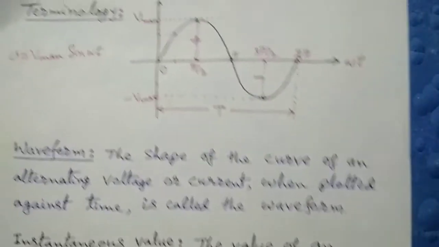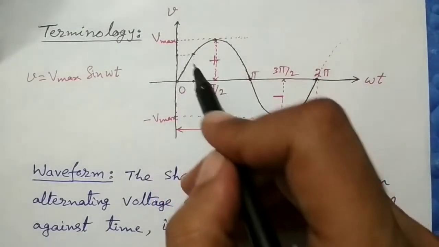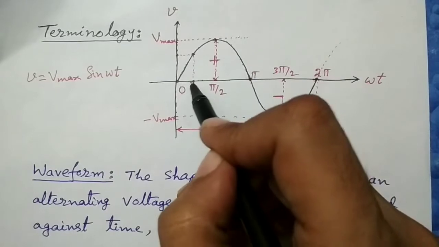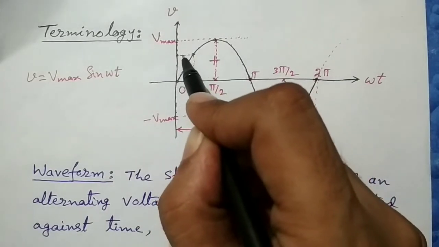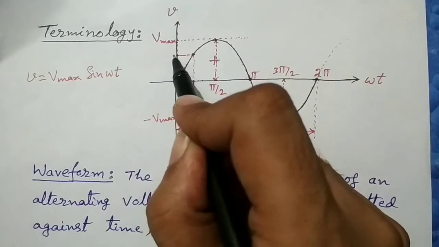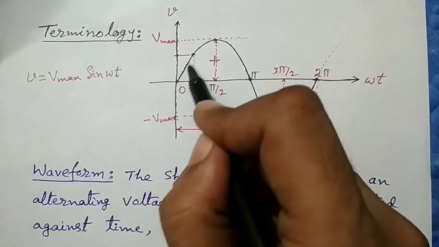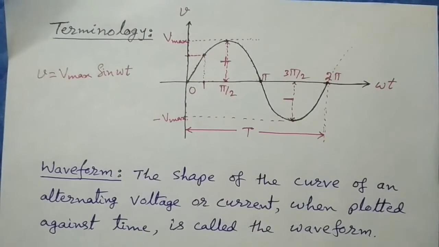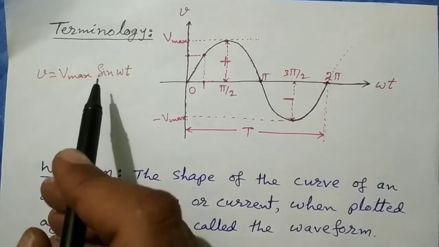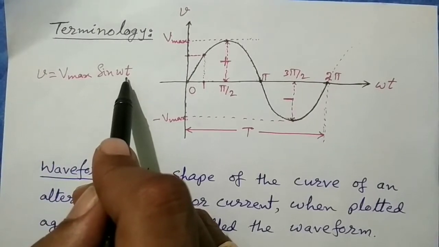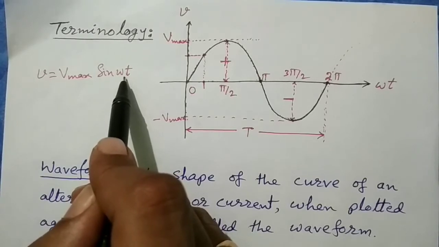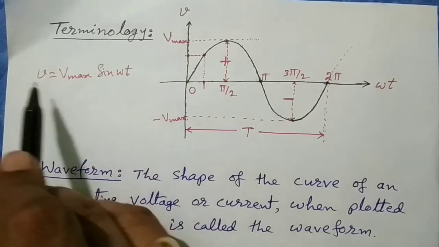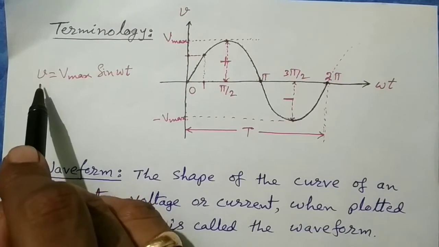Here in this curve, if we want to calculate the value of the voltage at this particular instant, then from the waveform we will get this value. So this will be the instantaneous voltage that can be obtained from this waveform. Otherwise, from the expression of the voltage, if we put any time in place of t, we can calculate the corresponding instantaneous voltage. As the time changes, the instantaneous value of the voltage will also change.